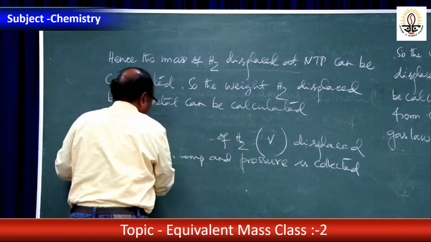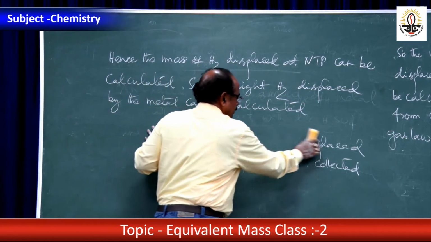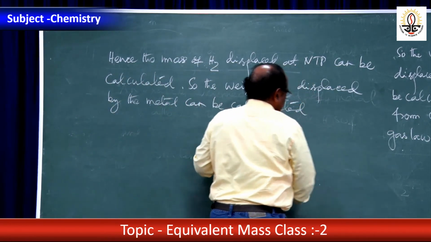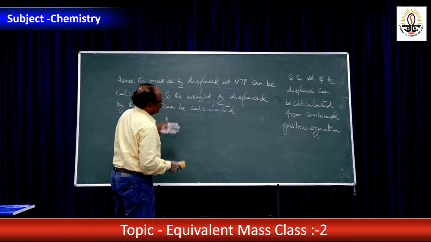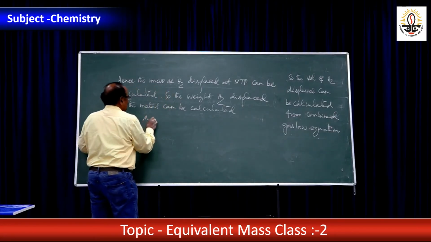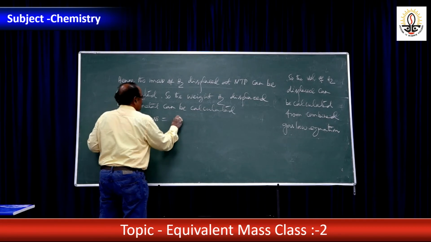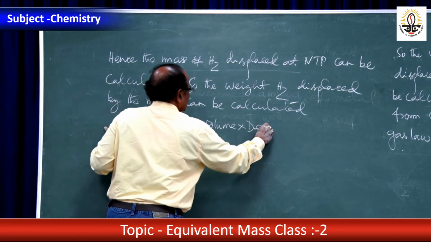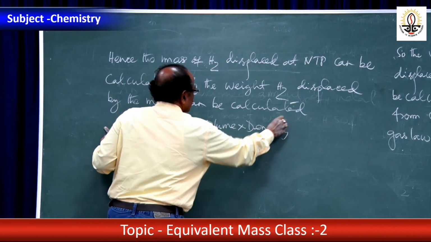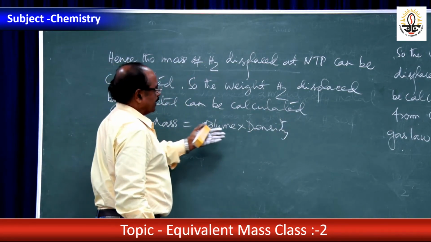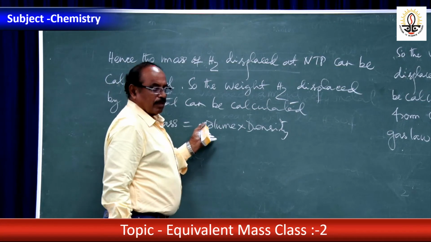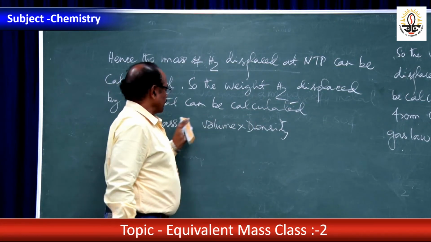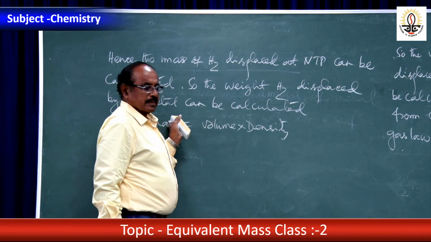How? Mass by volume is density, so mass is equal to volume into density. We know the density of hydrogen is 0.089 grams per litre and we know the volume. Multiplying these, we know the mass of hydrogen displaced.